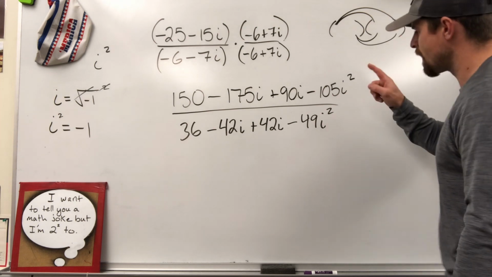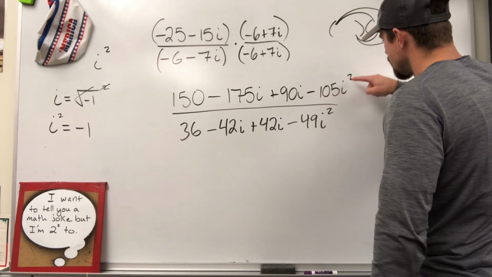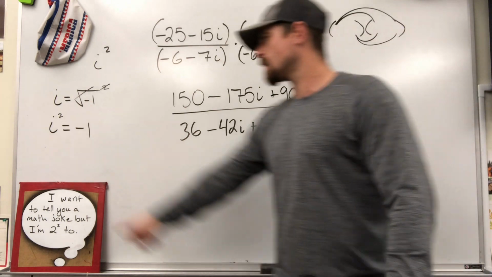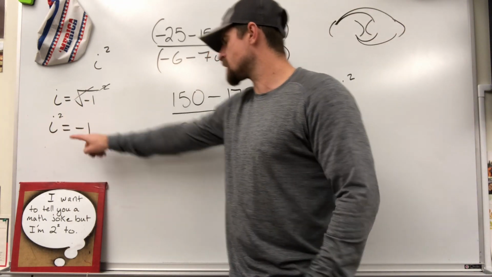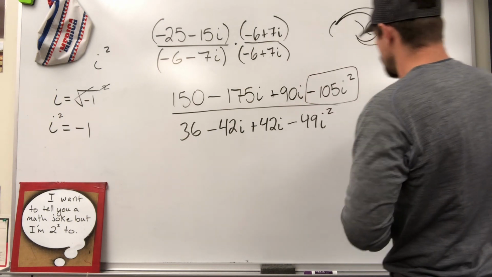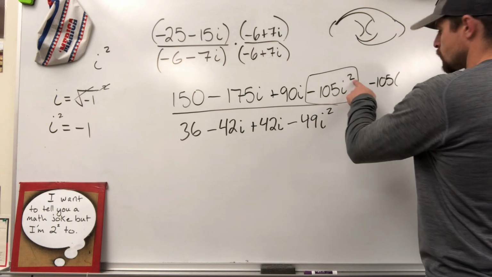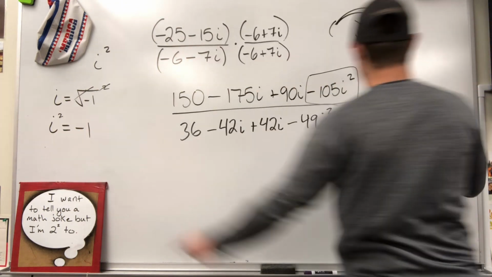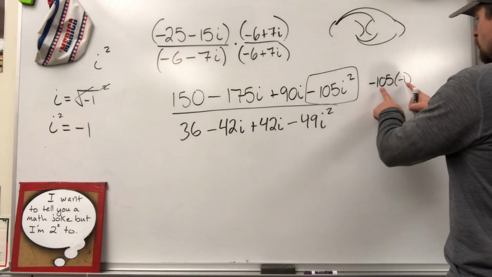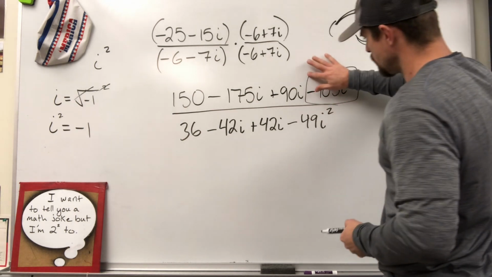Okay? Anytime you see i squared, you can just change it to a negative 1. So if I have negative 105 times i squared, that's really just times negative 1. If I were to put a box around this section, this is like saying negative 105 times negative 1, which changes it from a negative into a positive.